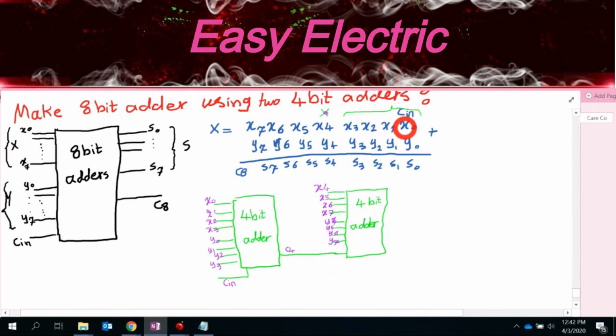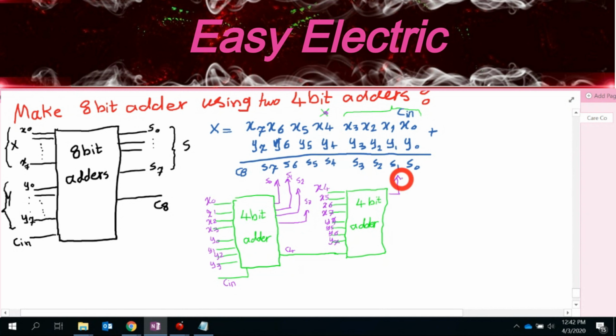Whenever you add these first 4 with these first 4, this should be the output. The first output should be S0, right? The next output is S1, right? The next output is S2. The next output is S3, okay? Same thing here. Whenever you add x4 plus y4, it is S4, right?